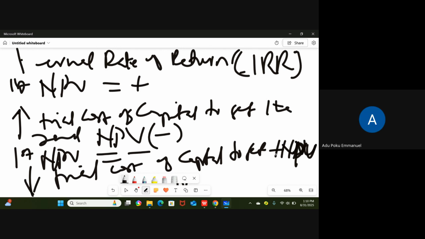Can you subtract the same figure from the figure you got earlier? You don't subtract anything. You just increase. That's why I call it the trial and error method, extrapolation. If it is positive, increase more. When you increase it, you must estimate it to get negative.